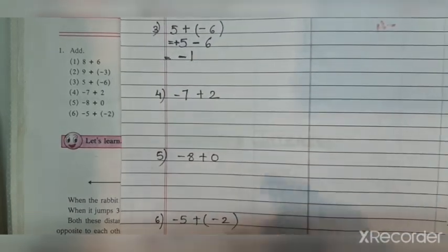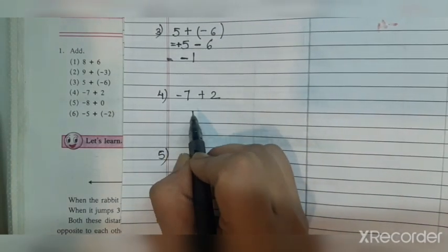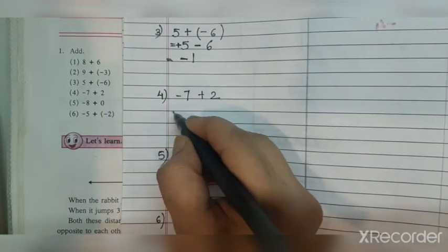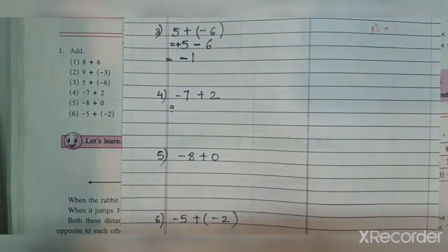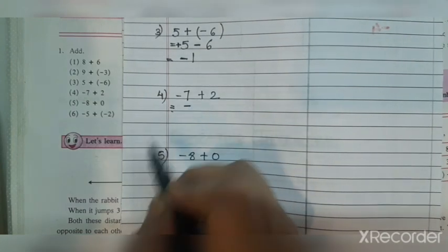Now, coming to sum number 4. Again here, negative 7, positive 2. Here no bracket, so directly we are going to solve. Okay. Signs are different. So we just now studied when the signs are different, write the sign of greater number. Okay. So what is the greater number? 7. Write the sign of greater number.